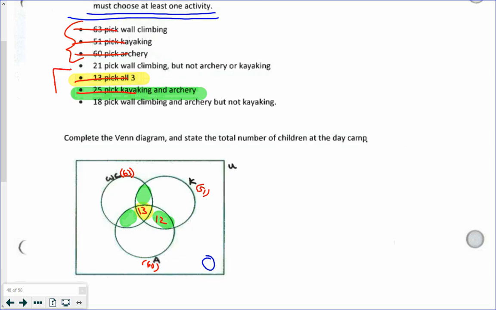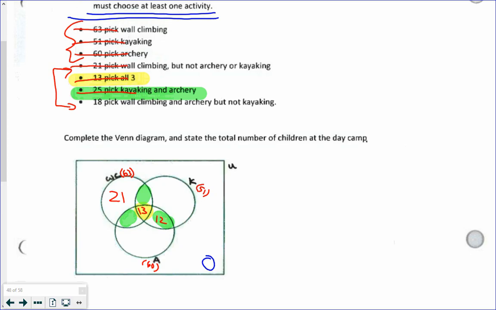Okay, so these last 2. 21, pick wall climbing, but not archery or kayaking. So that means they only pick wall climbing. Where would that 21 go? They only pick wall climbing. That would be that. So I don't have to subtract there because they only picked wall climbing.